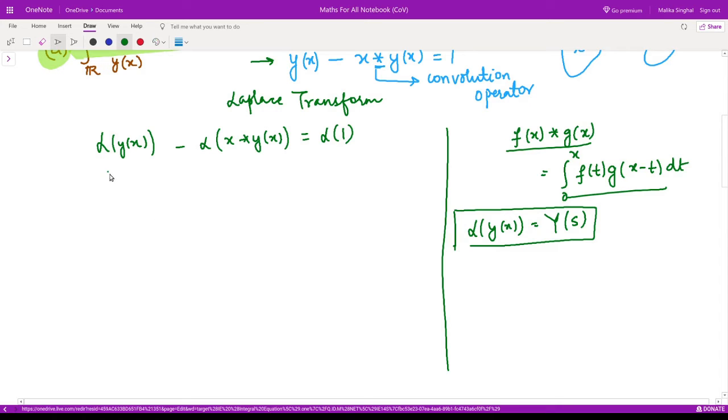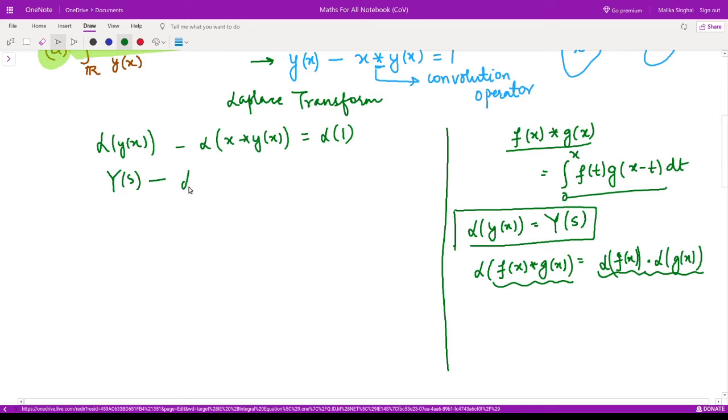So I can replace this term with capital Y of s, to denote its Laplace transform, which is unknown at this point of time, and we have to solve for this. Minus, here you should know that the Laplace transform of a function f of x convolved with another function g of x is equal to the Laplace transform of the first function multiplied by the Laplace transform of the second function. So the convolution, after taking the Laplace transform, simply reduces to multiplication of the Laplace transforms.